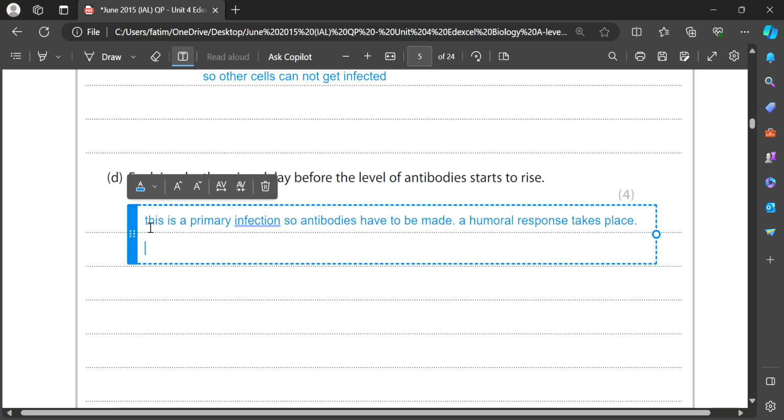So the macrophage engulfs the pathogen and presents its antigen as an APC, which is an antigen presenting cell.